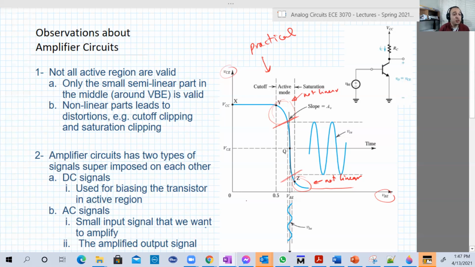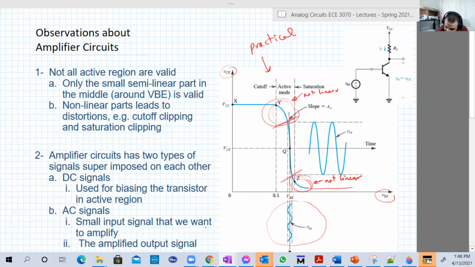Why is that? Because the signal that we want to amplify is small. So even if this portion is small, it can still be enough for very small signals that we want to amplify. Here are the observations that I want to discuss with you. The first one is that not all the active region is valid because of the non-linearity, as we see here.